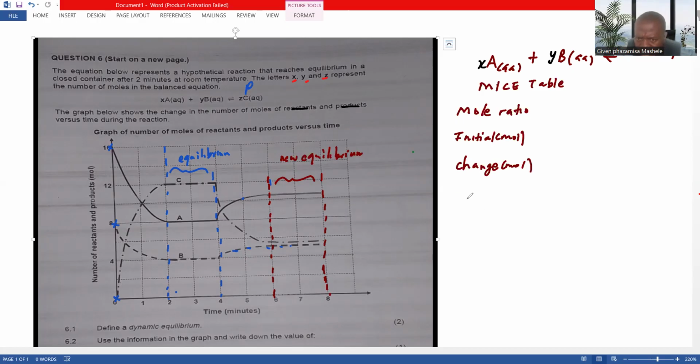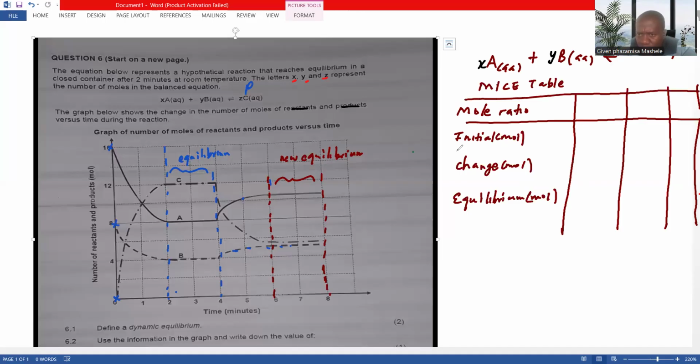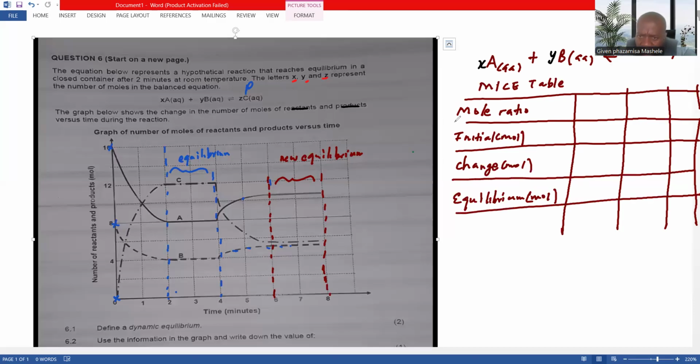Then the last one is equilibrium, also in moles. So this is called the mice table. And within this, we have 3 substances here. I'll put them as they are. I just want us to analyze this, ladies and gentlemen.